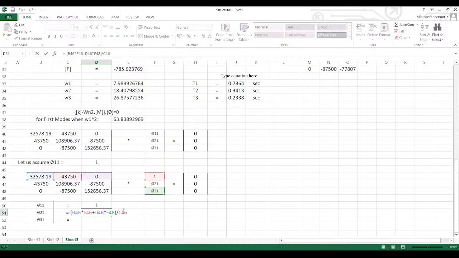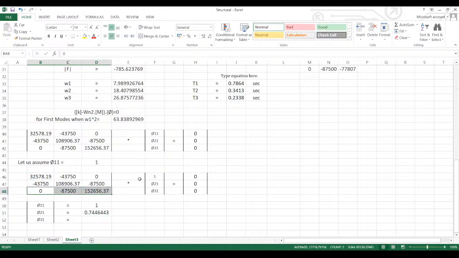Okay, this value must be 0, so we should not have put that. That value is 0, that is this. That's why again we have to multiply this equation into this equation.